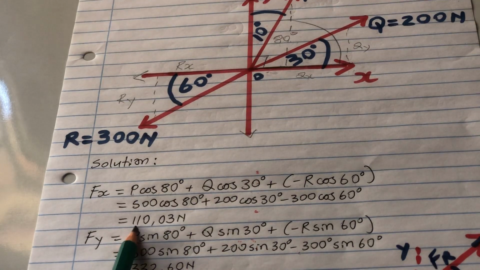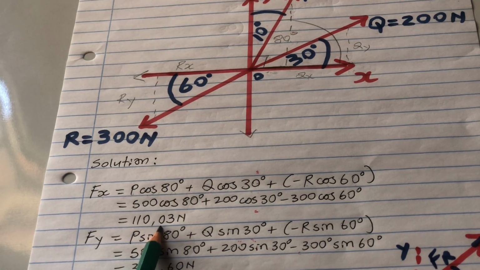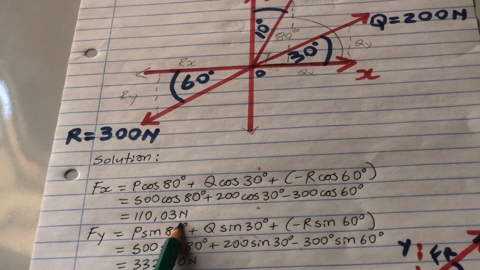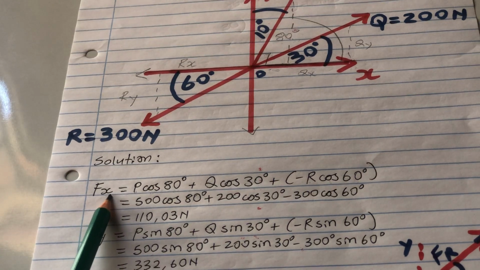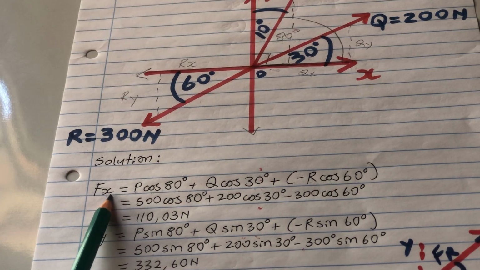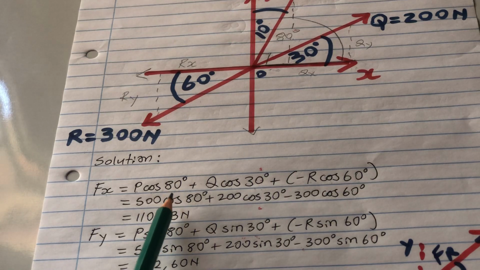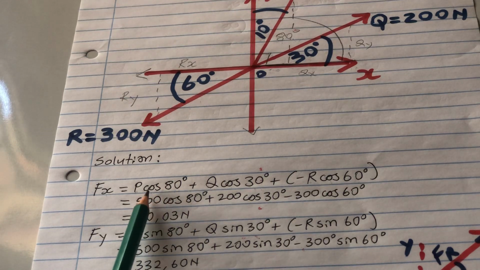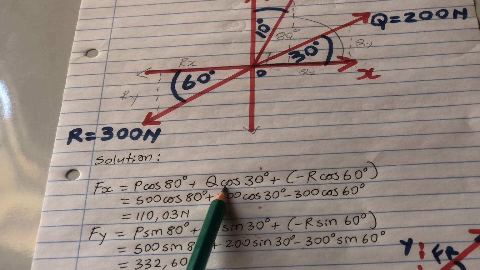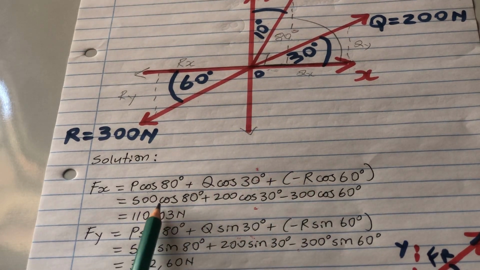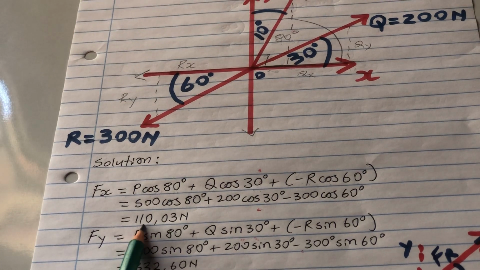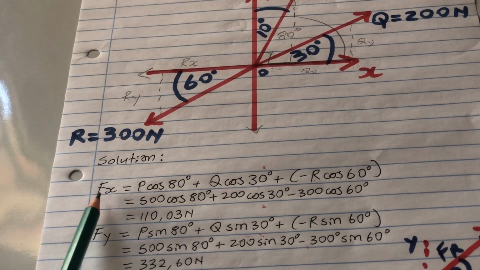This will give you 110.03 Newton. Remember, here we were looking for the X component, and we have calculated the X component of P, X component of Q, and X component of R. Then we find the sum of all the X components. Here is the sum of X components, which becomes our Fx.